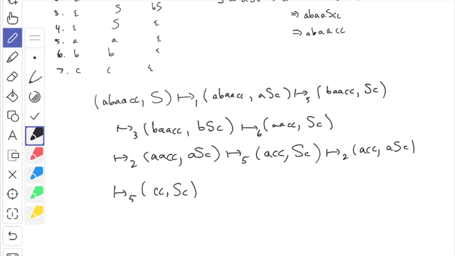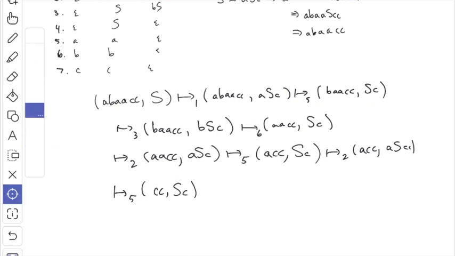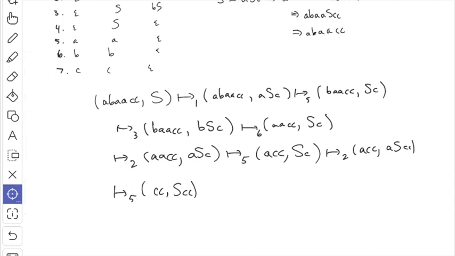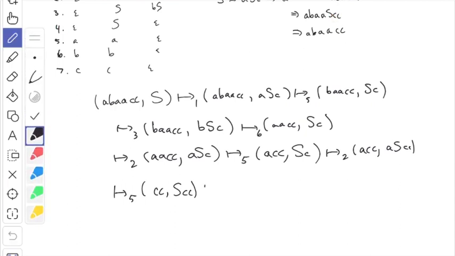I should have made another C. Yeah, right there. I did S goes to ASC here. Yeah. Okay, so I should have 2 C's here. I feel good about that. Then the last grammar step that I did here was S goes to epsilon, which is rule 4. That just pops the S off. And then I do rule 7 twice to get rid of the C's.